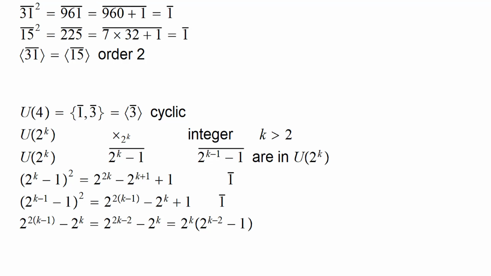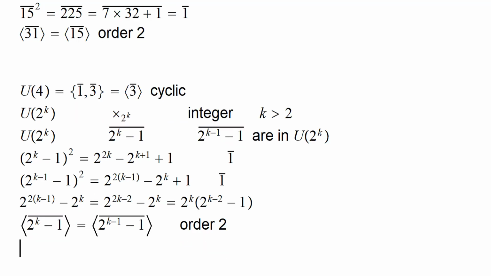So what we have just found is this, that both these, the subgroup generated by this and a distinct element here, okay, they both have order 2, which is a divisor of 2 to the k greater than 2, okay, but they are distinct.